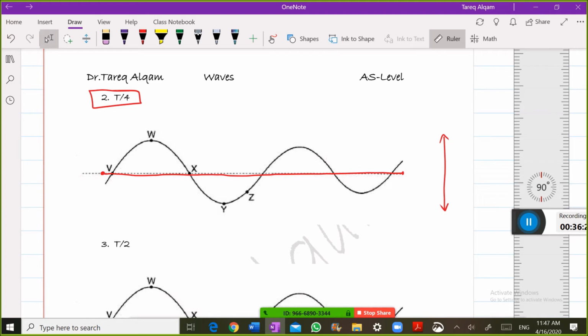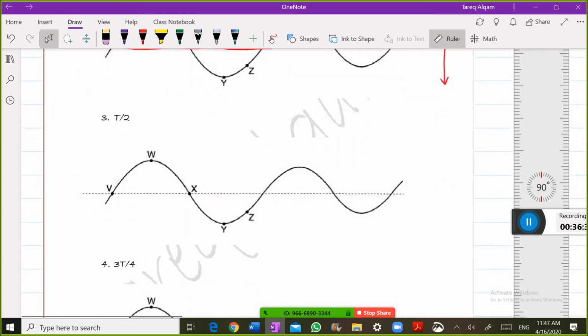After half a period, if I take a screenshot of the standing wave, I will see the string like this. Okay, guys? Please, if you have a question, ask me.